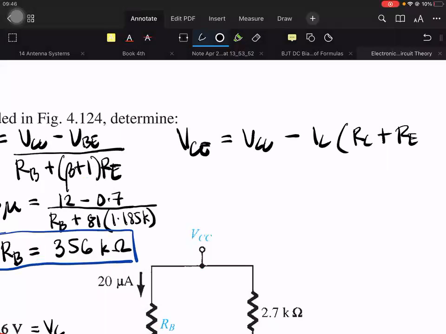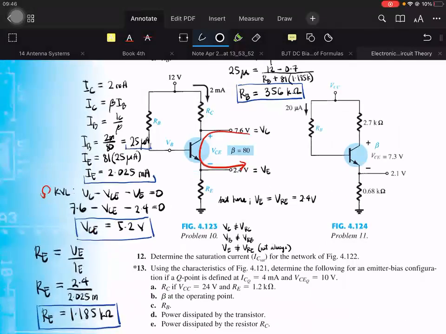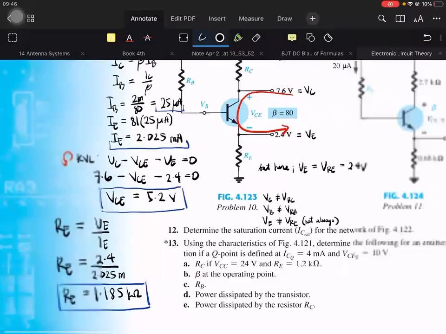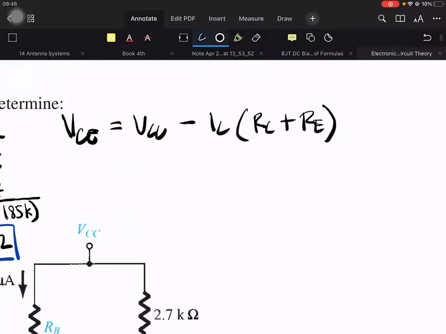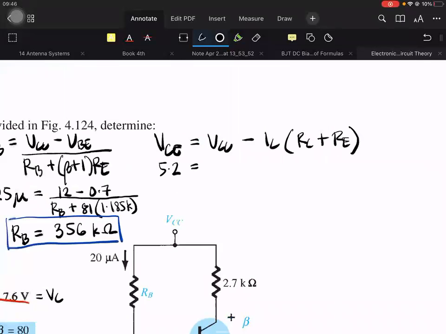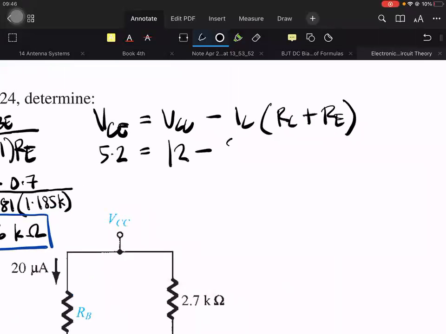VCE is 5.2. So 5.2 is equal to VCC of 12 minus IC of 2 milliamperes, given, times RC, which is unknown, plus RE, which is 1.185K.